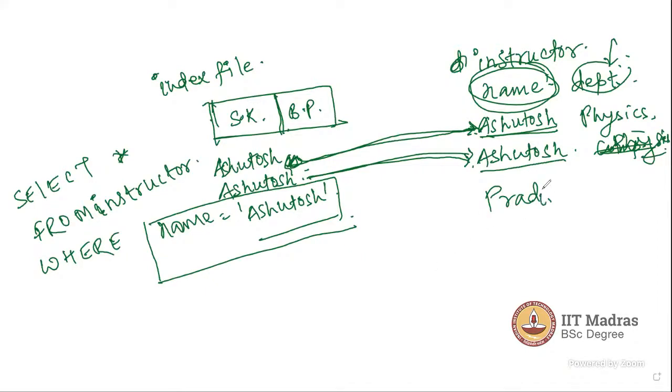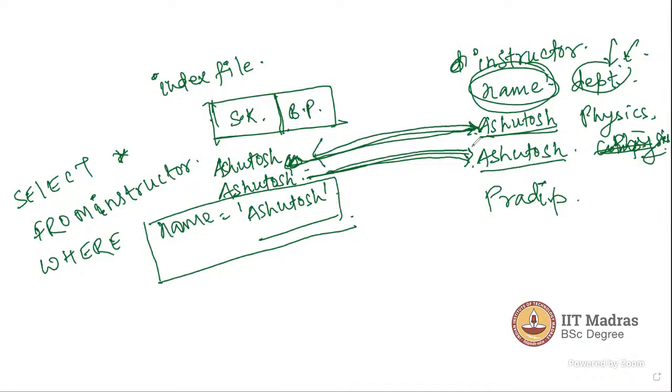Then you create an index based upon the department. Once duplicate values are present, we create a dense index, so for every record we create an entry in the index file.